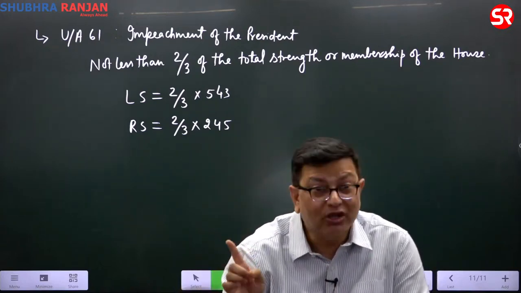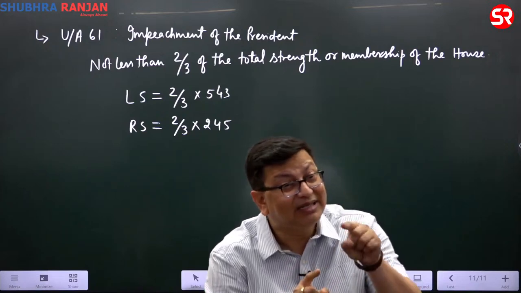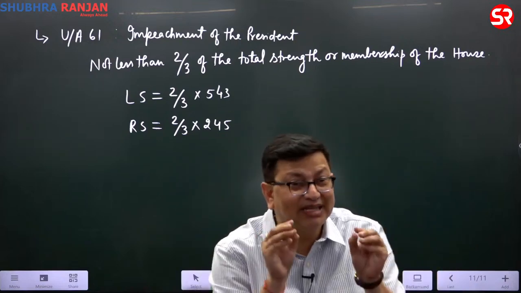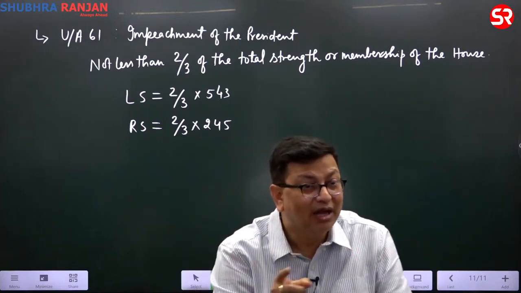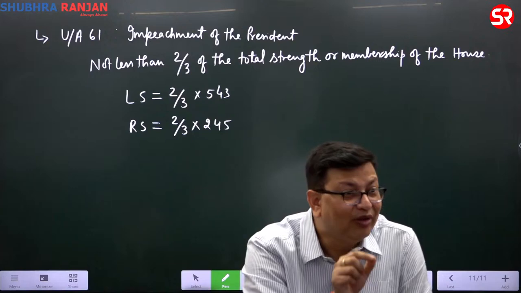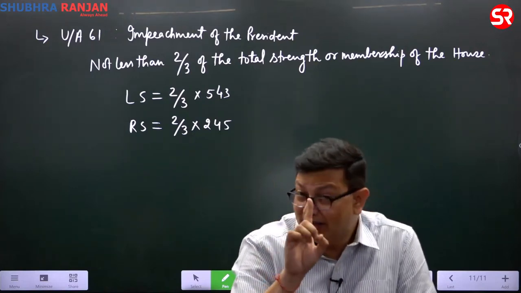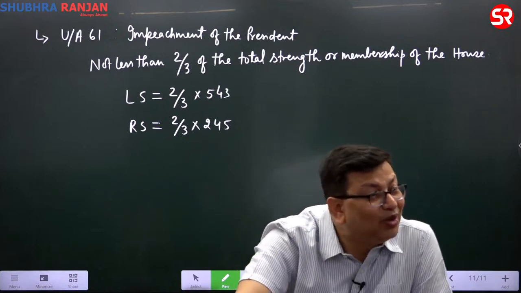So constitutionally, a judge is removed by whom? The president. The president will remove a judge when both the houses pass the resolution for the removal. He cannot do it of his own.